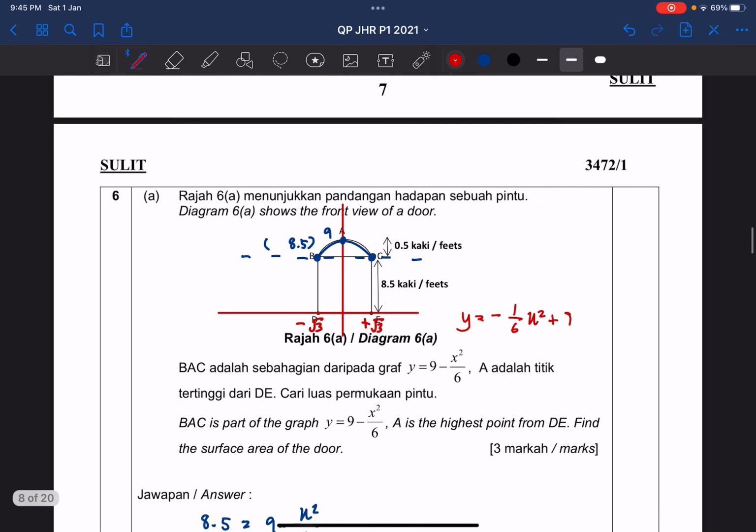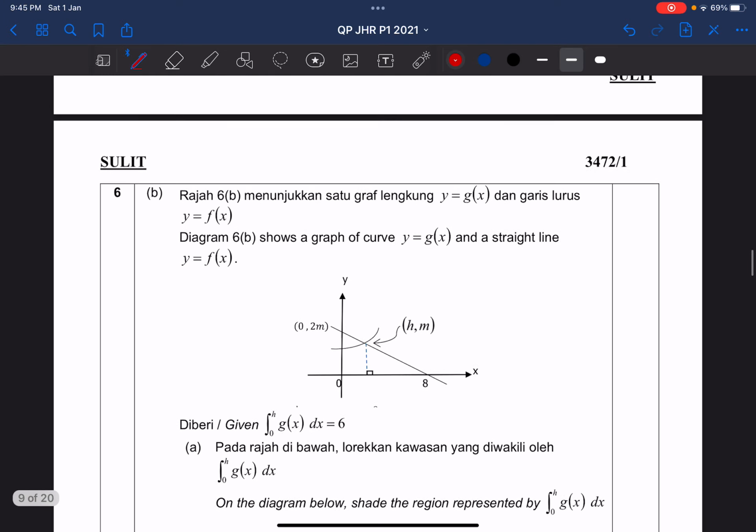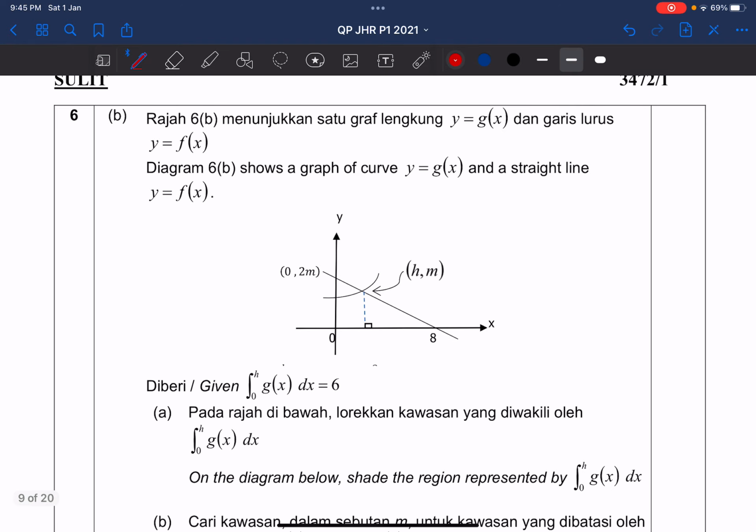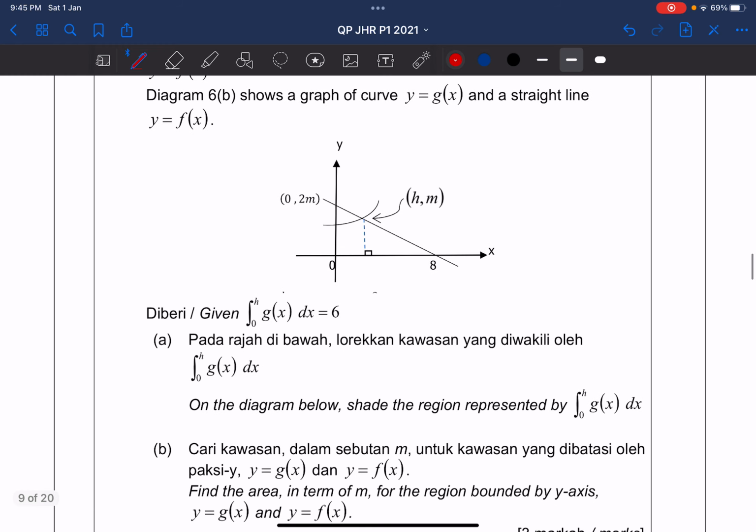Okay, so we then continue with 6b. So 6b, also an integration question. Curve y equals g(x) and a straight line y equals f(x). It's given that when you integrate g(x) with the upper limit of h and lower limit of 0, it will be 6.